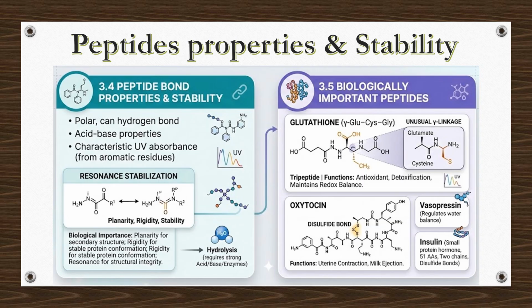These enzymes are essential in digestion, protein turnover, blood clotting, and immune defense, each with specific preferences for where they cut. Beyond stability, the peptide bond is polar, with its carbonyl oxygen and amide nitrogen able to form hydrogen bonds. This polarity is the foundation of secondary structures like alpha helices and beta sheets.